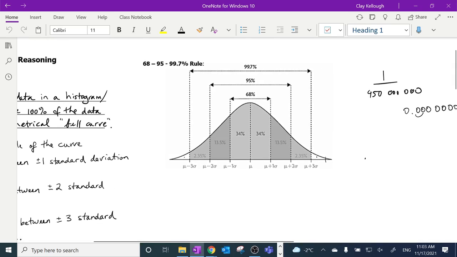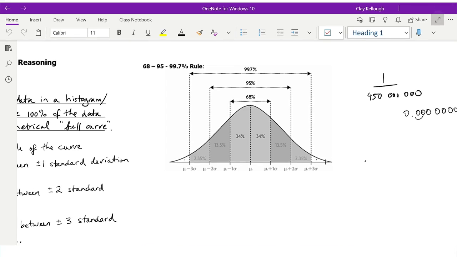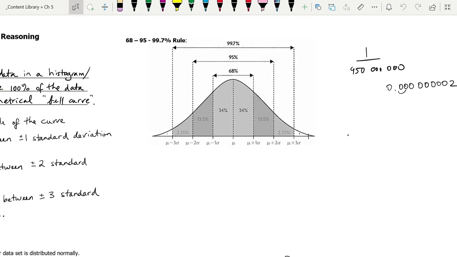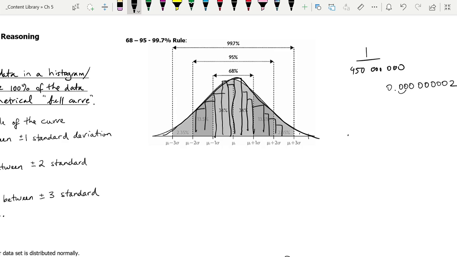It might have a bar here that's a little higher, and then a bar right next to it that's a little lower, and then another bar that's a little higher again. But overall, the general shape of all of the bars of the histogram should follow this general shape of the bell curve. And if it doesn't, it's not normally distributed.